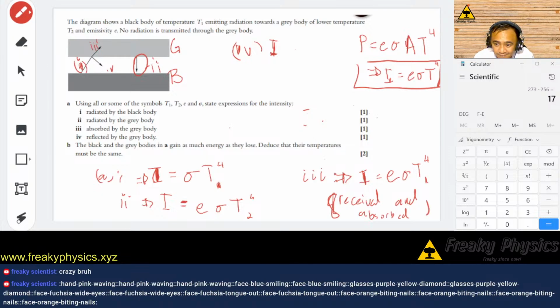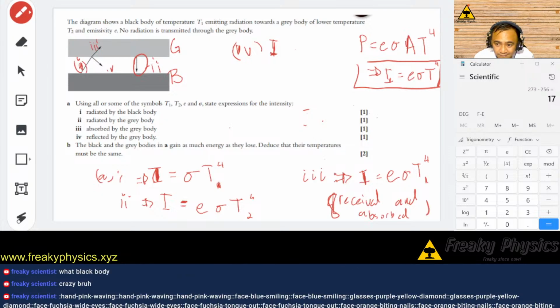I equals E Stefan-Boltzmann T2 to the 4, or T1? Can you put 1 for E? No, it's not going to the black body. But remember, we're looking at the one reflected by the gray body. So you want to see how much is reflected, right?